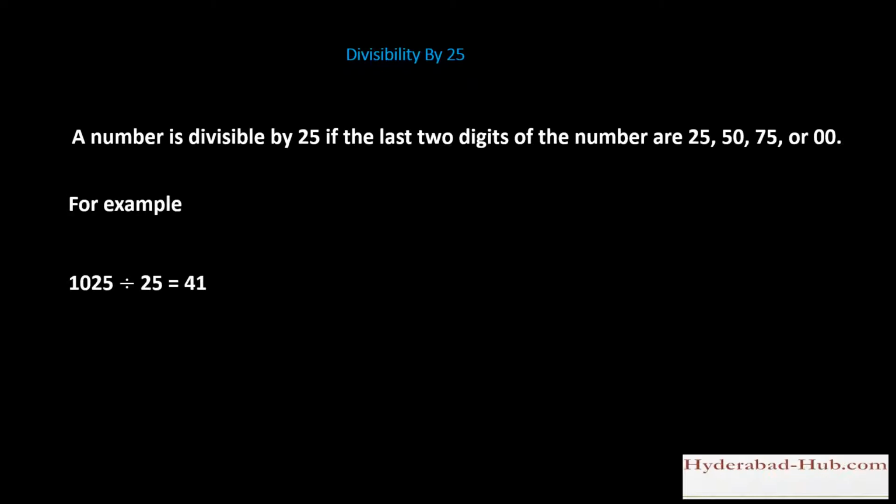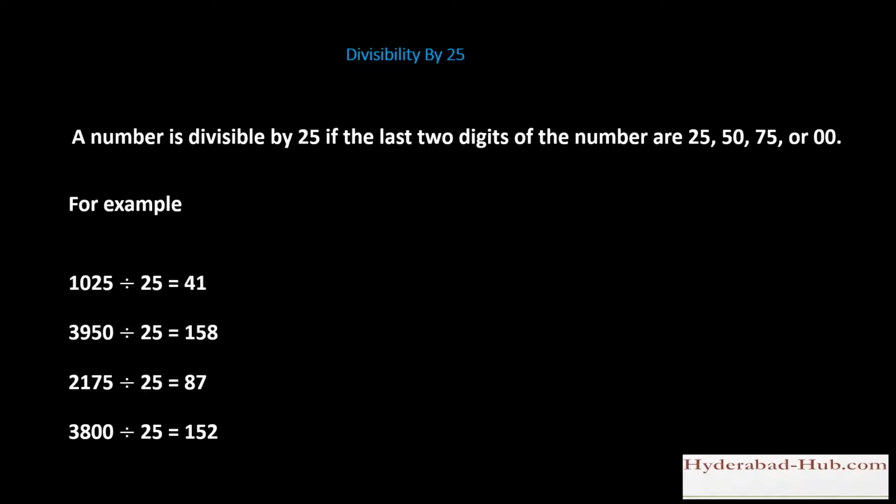For example, 1025 is divisible by 25 because the last two digits are 25. 3950 is divisible by 25 because the last two digits are 50. 2175 is divisible by 25 because the last two digits are 75. 3800 is divisible by 25 because the last two digits are zeros.